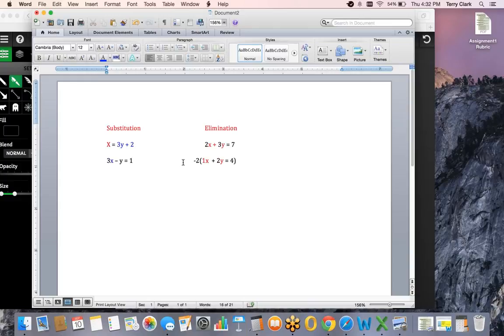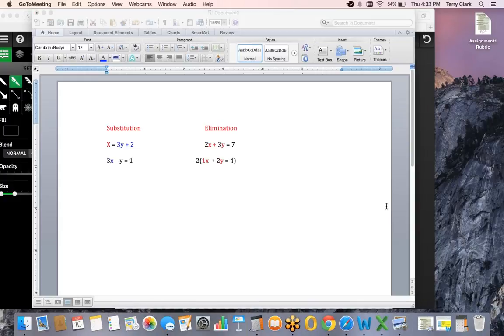Right. What will happen is we'll end up with a +2x and a -2x, and so they'll cancel out like Cassidy said. So that's what will happen. The +2x and the -2x.